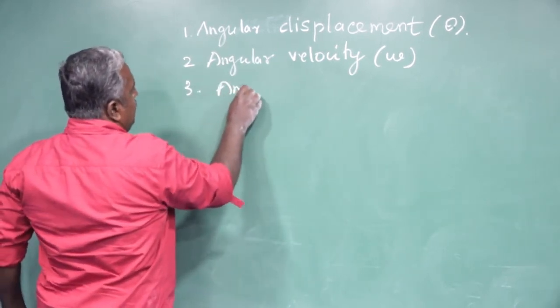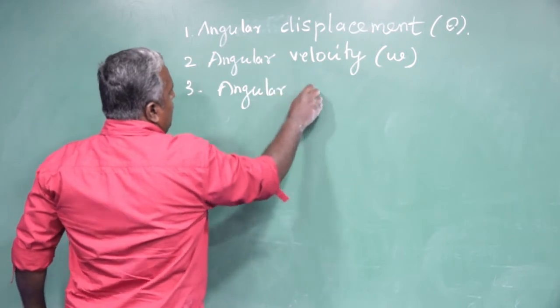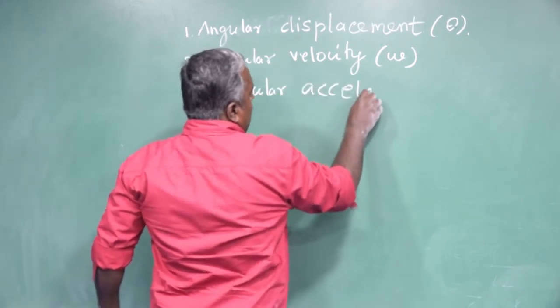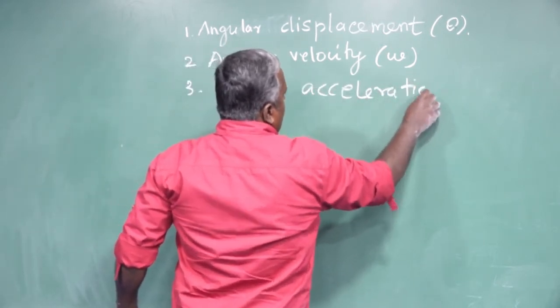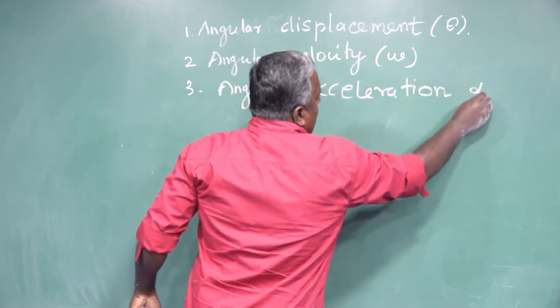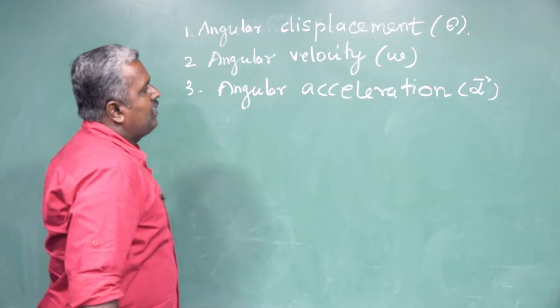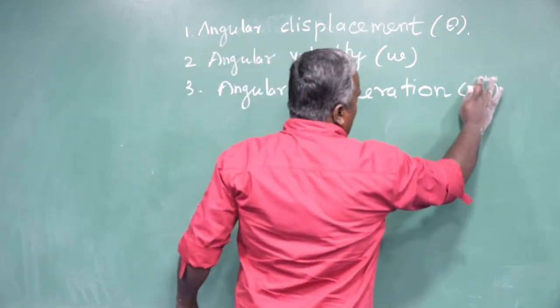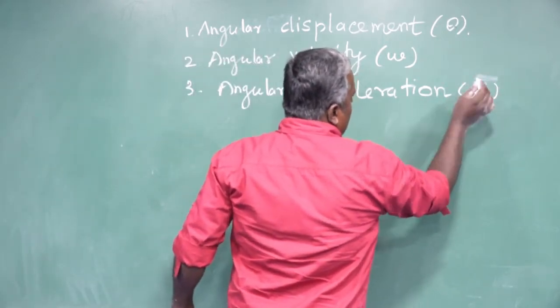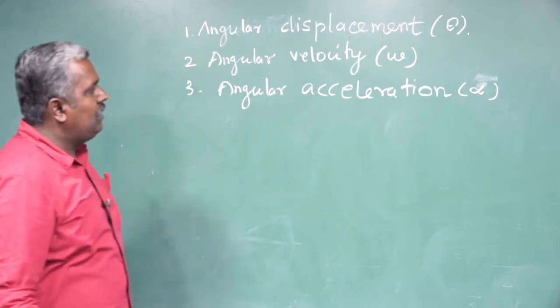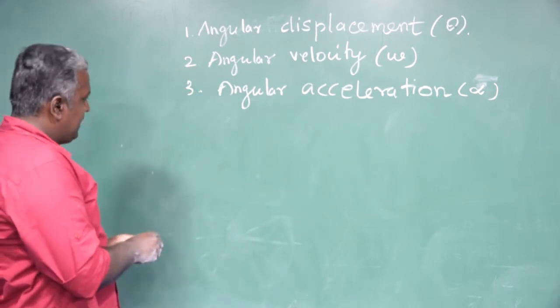And angular acceleration, this is alpha. These are vector quantities, but no need, only the symbols are enough: theta, omega, alpha.